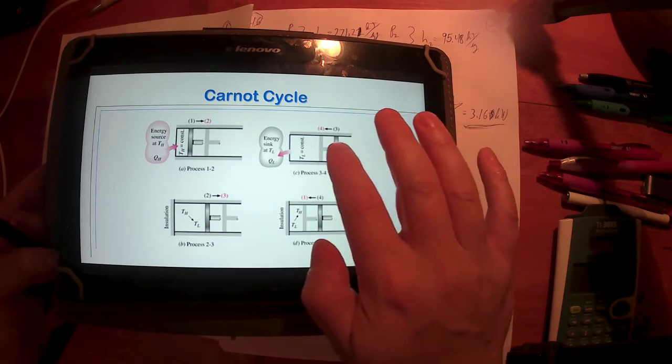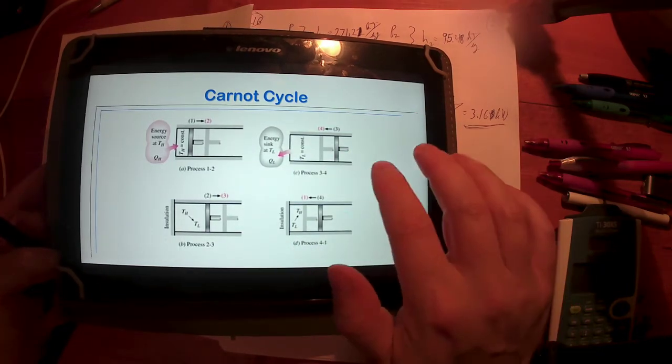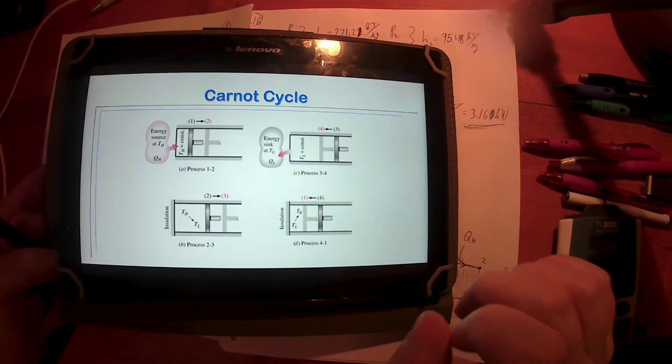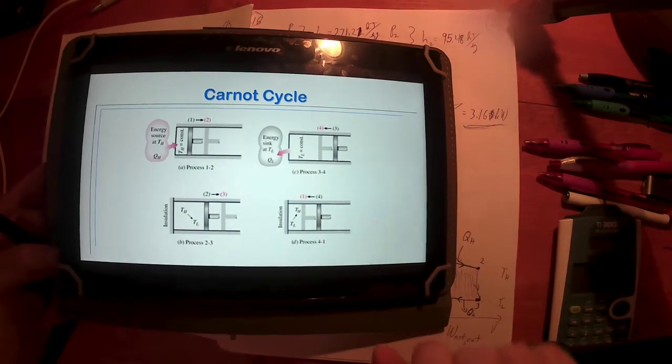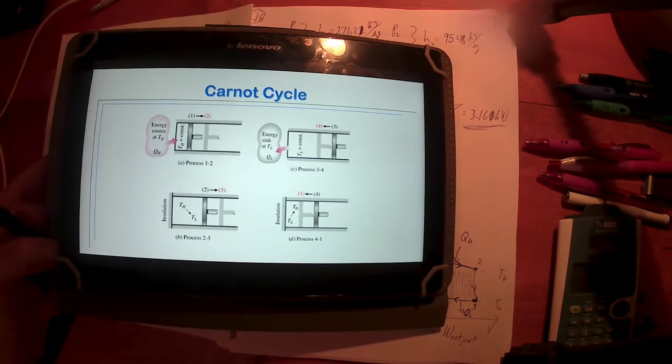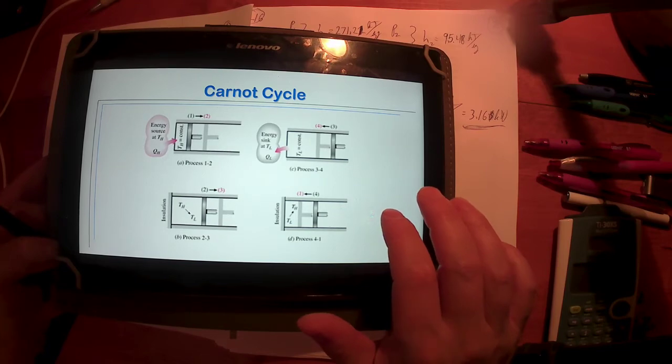Then we compress it while we allow it to lose heat at the low temperature, and then we insulate it completely and compress it just a little bit more. So that's kind of a graphical representation. We don't really have anything that does this. Stirling engines kind of, but anyway.